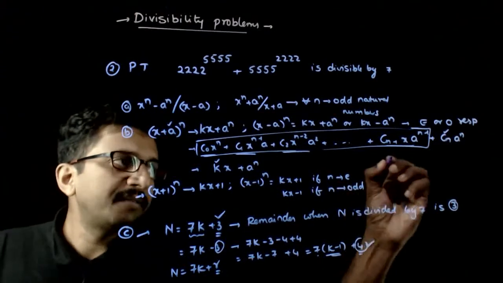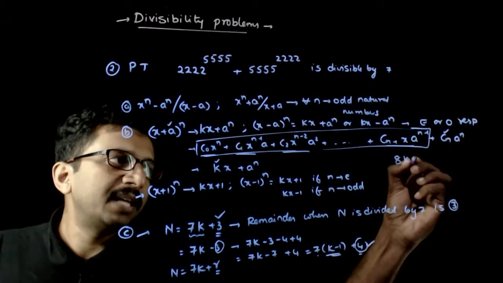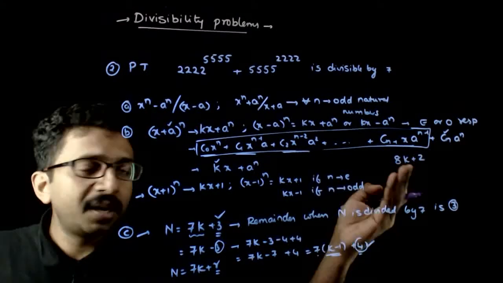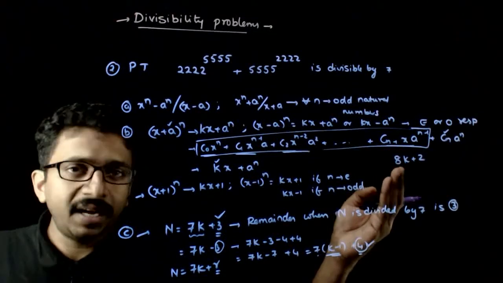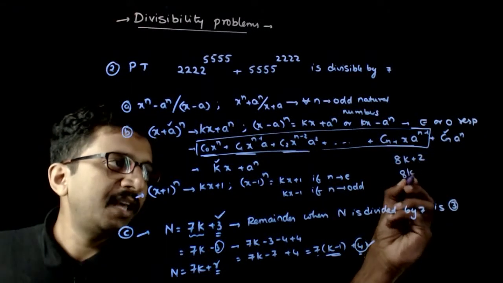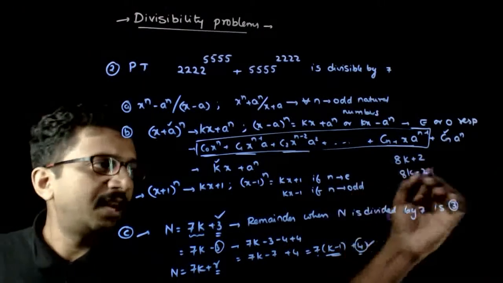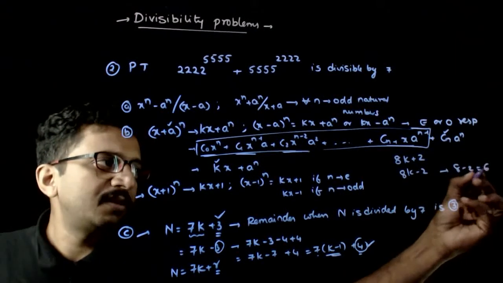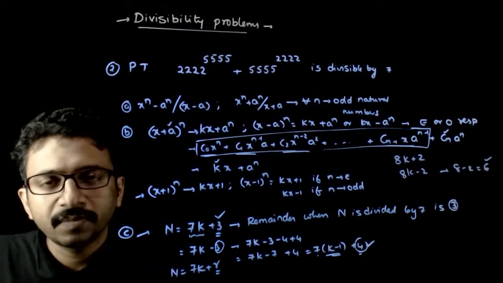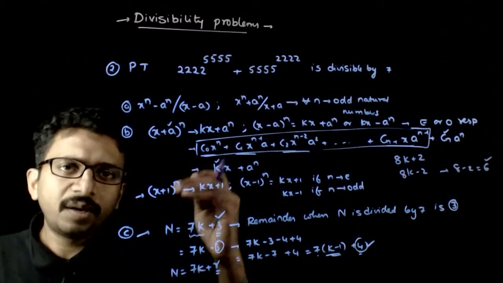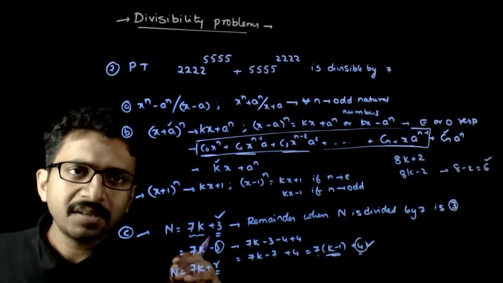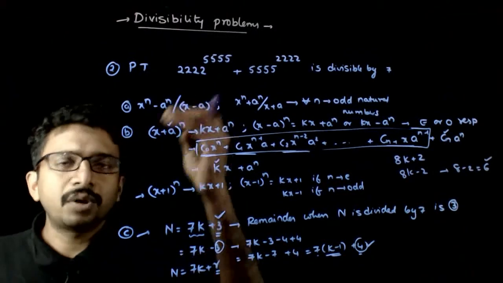Similarly, if you have 8k plus 2, the remainder when this number is divided by 8 is 2. But if you have 8k minus 2, what is the remainder when this number is divided by 8? It will be 8 minus 2, which is equal to 6. So if you remember all this, if you have understood all this, let us apply this and try to solve this problem.